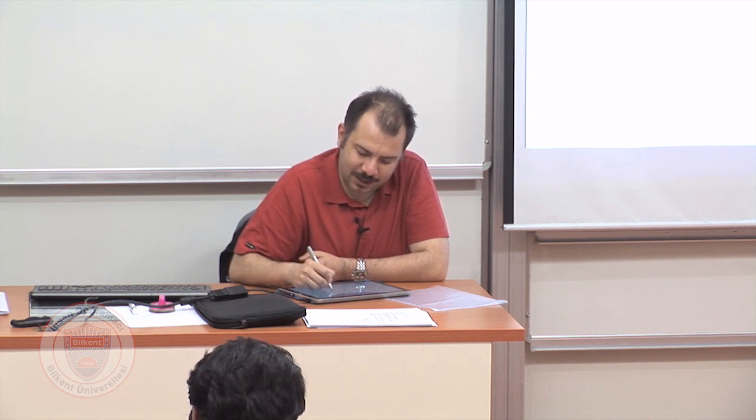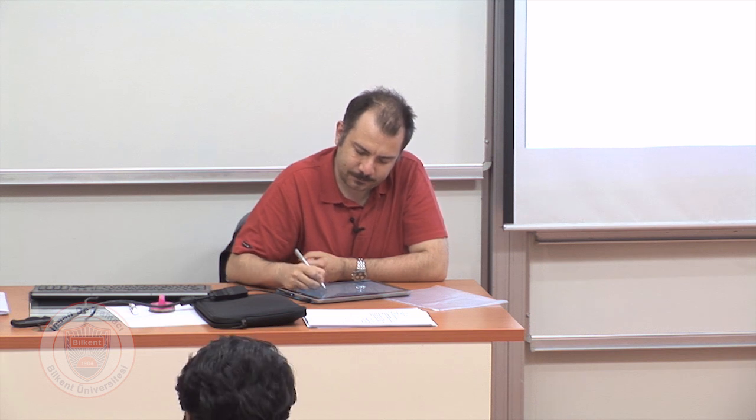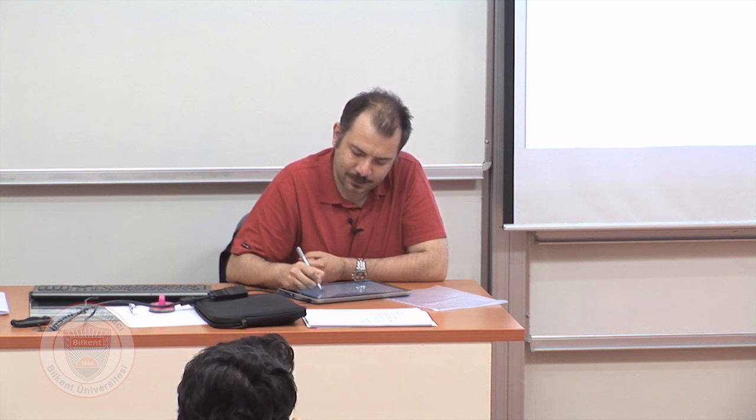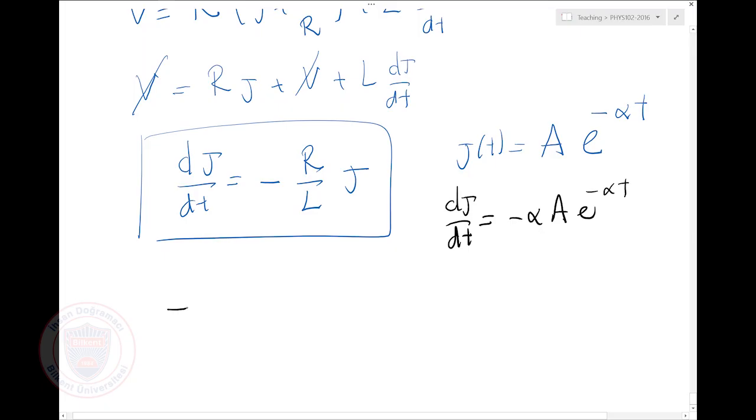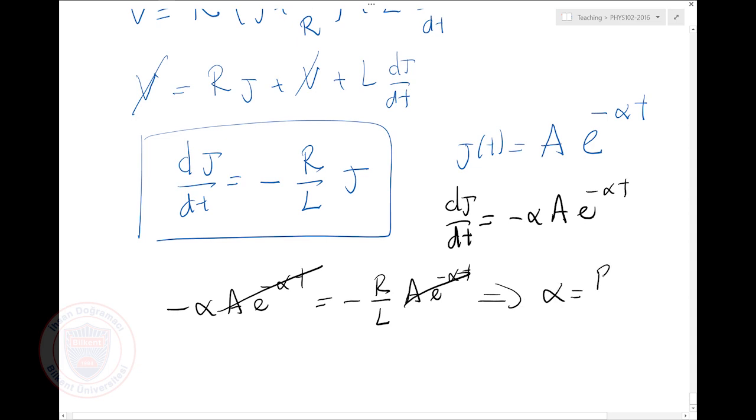What would be dj dt? Minus alpha times A times e to minus alpha t. So minus alpha A e to minus alpha t would be minus R over L A e to minus alpha t. It's cancelled. Alpha would be R over L.